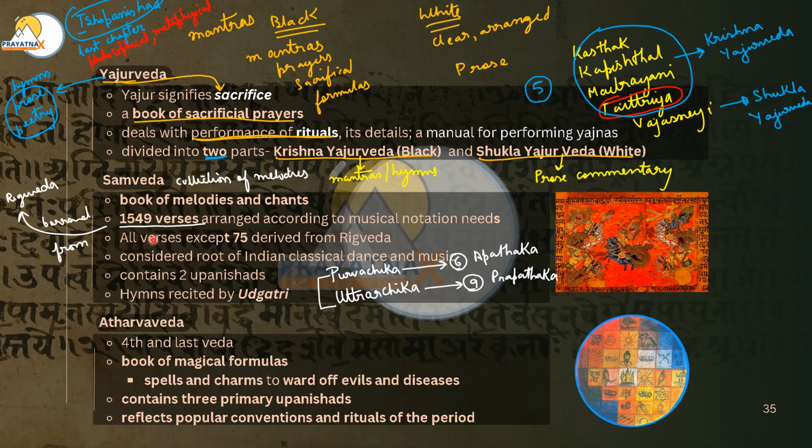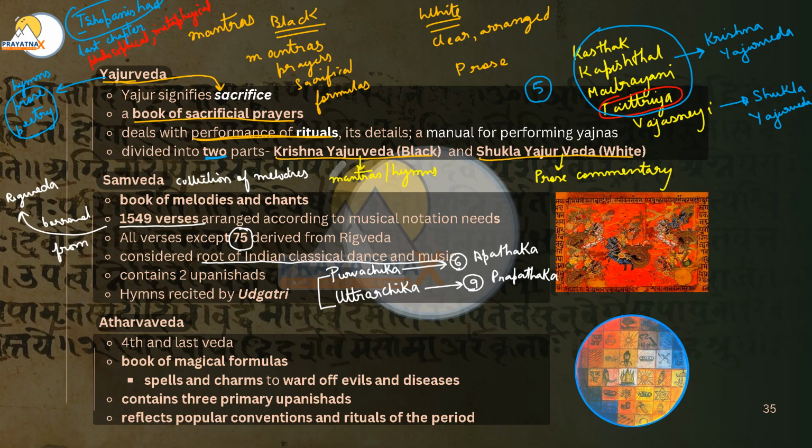Now these are the melodies and chants which are meant to be sung at the time of performing Soma sacrifice. All the verses except 75 are derived from Rigveda, like I already mentioned. This also forms the root of our Indian classical dance and music.